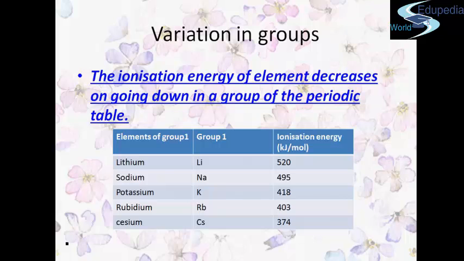Hence less energy is required to remove an electron from the atom. So we have a decrease in ionization energy when we go from top to bottom in a group.